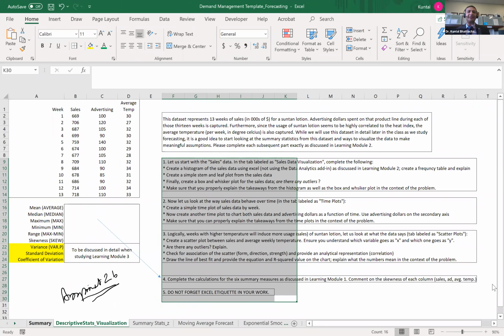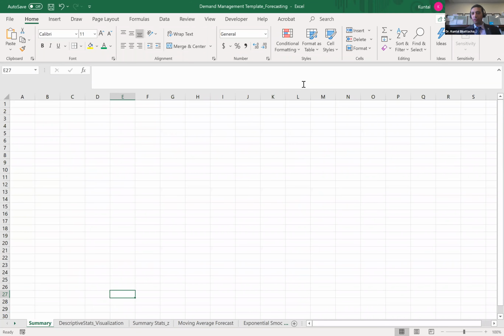But in this summary tab, you want to go beyond just the descriptive statistics and add to it the fact that you are now trying to find the best model that fits this specific data in the context of forecasting. Okay. And so on top of everything that you already have done in the summary, what I want you to do is a table.